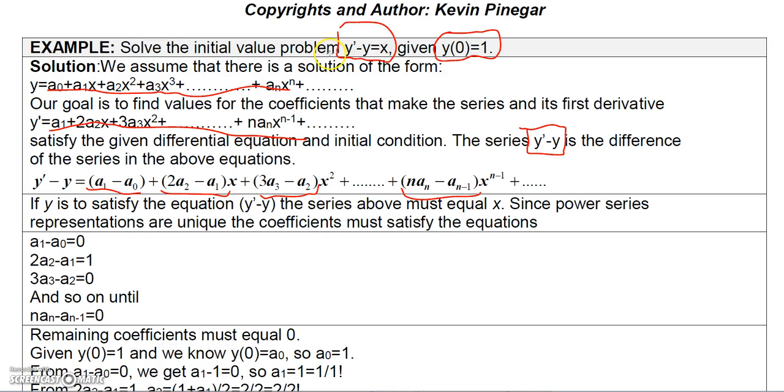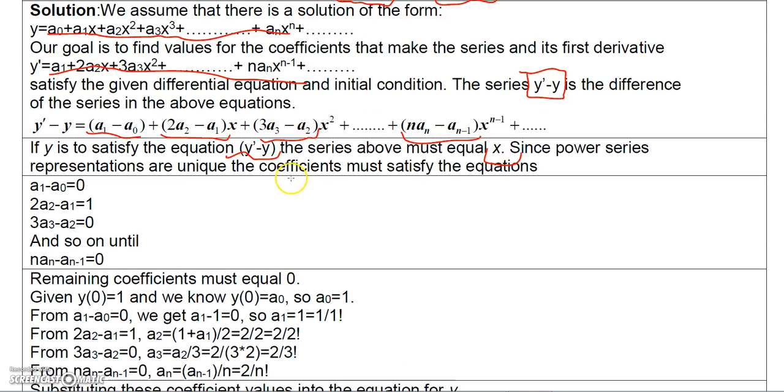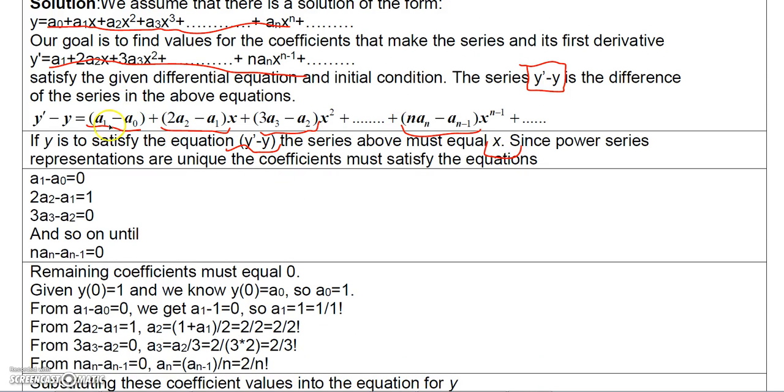Now, since y prime minus y must equal x, we know that this expression, y prime minus y, must equal x, right? And so if we take a look at the coefficients, then we can focus on the term that has the x, and this is really the only coefficient that would equal a number other than 0.